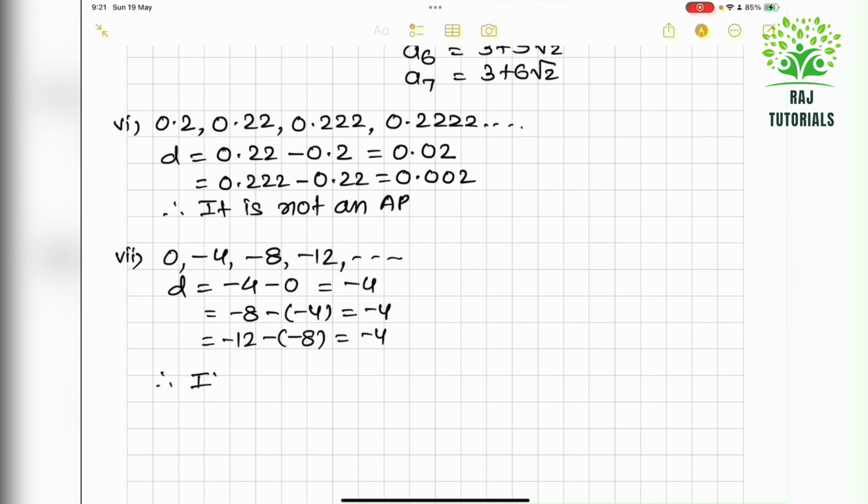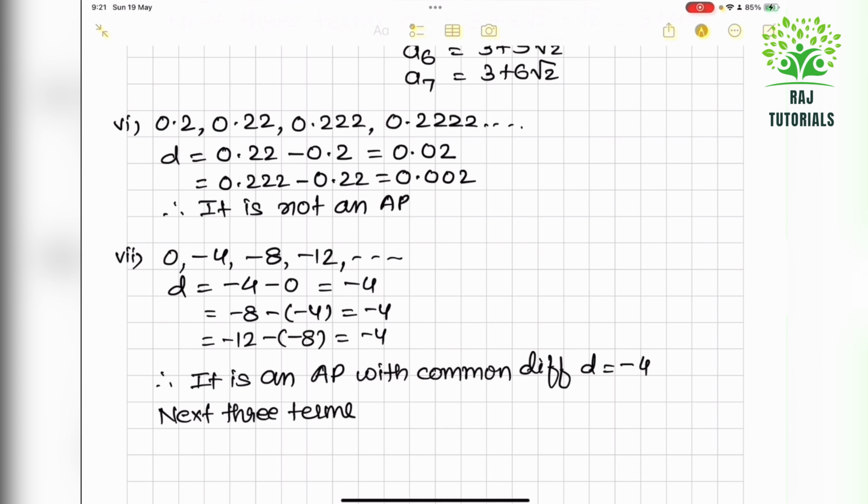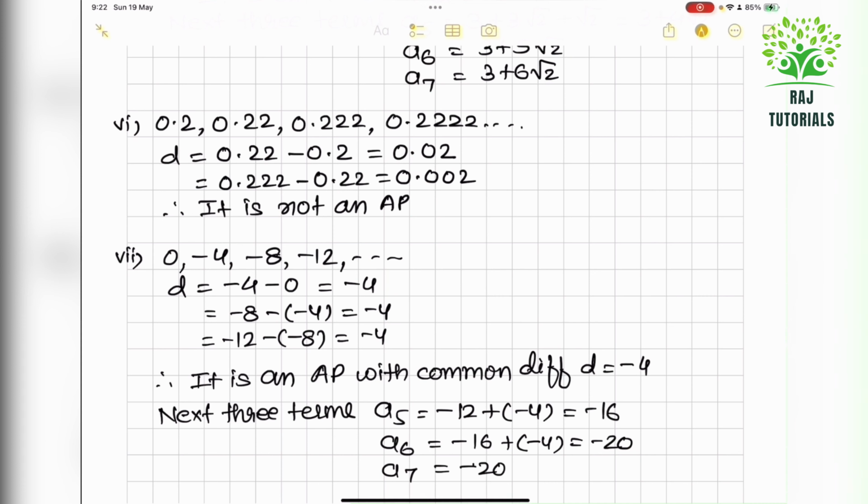So therefore it is an AP with common difference D equal to minus 4. Next three terms: A5 equal to minus 12 plus minus 4, that is minus 16. A6 will be minus 16 plus minus 4, that is minus 20. And A7 will be minus 20 plus minus 4, that is minus 24.